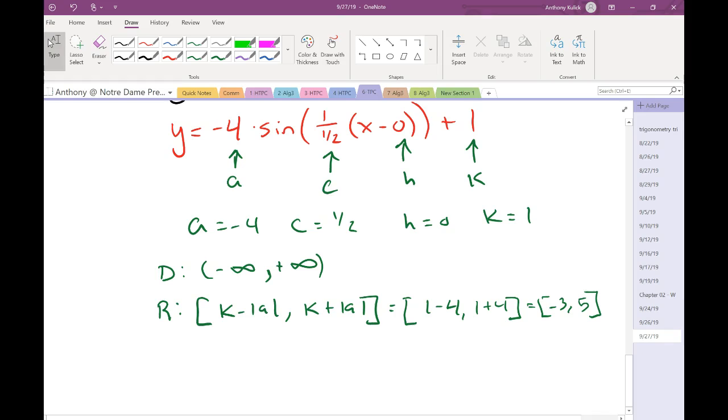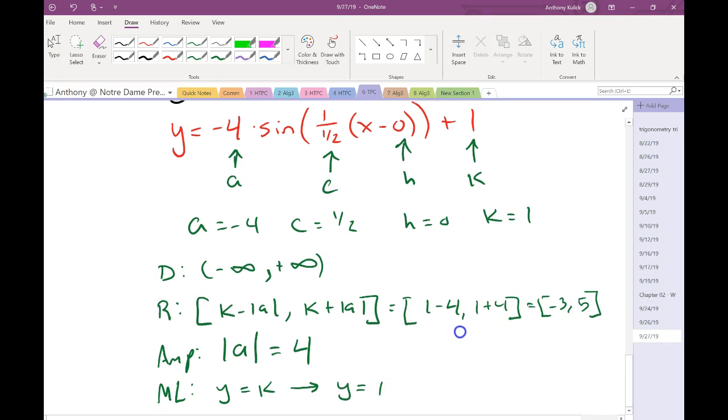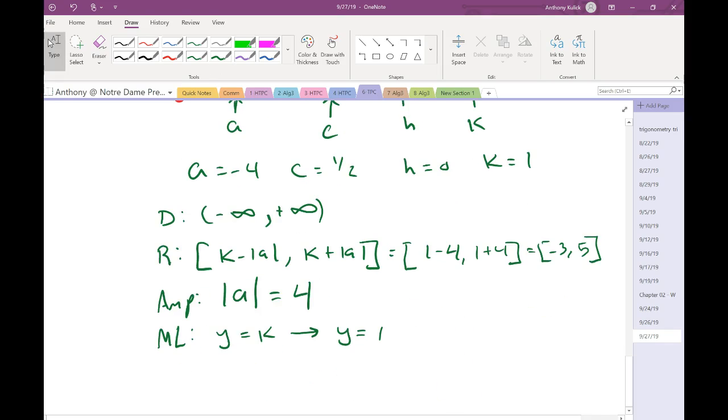I also asked for the amplitude. I know the amplitude is the absolute value of A, so in our case that's just 4. I asked for the midline. I know the midline is y equals k, so in our case, we have y equals 1. I know the period is going to be 2 pi times the absolute value of c.